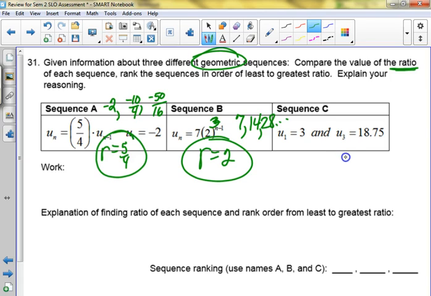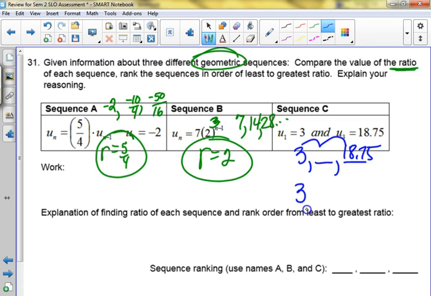Gotta do some work to find R here. 3 something something 18, well, 18.75 is the third one. Is that what that says? The blind lady and her bifocals. Okay. Now what? 3R, right?